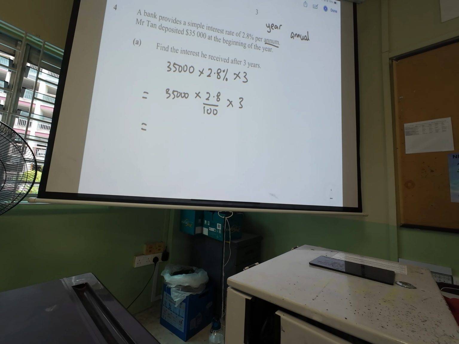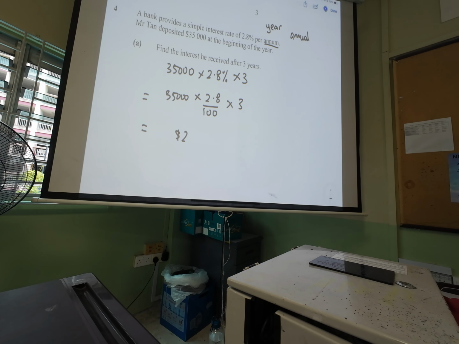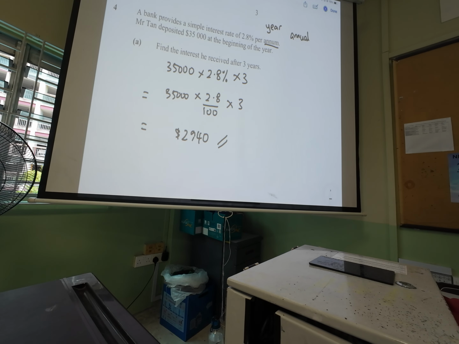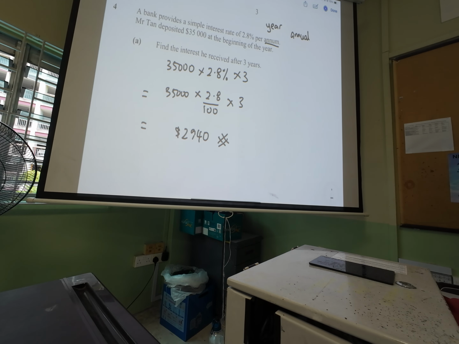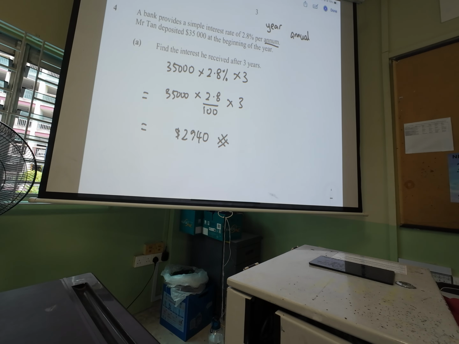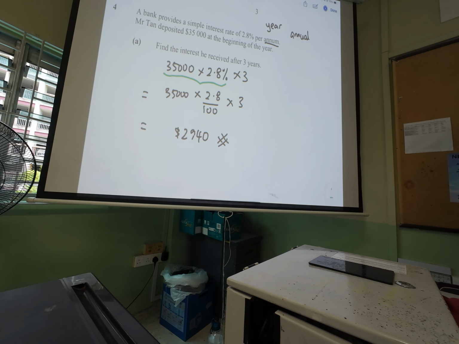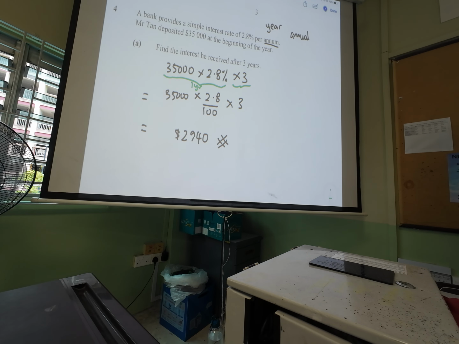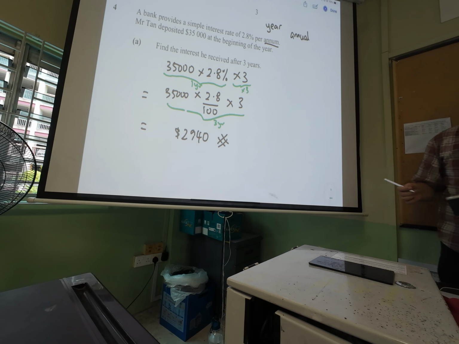Then I multiply all these things together, I will get 2940. Okay? So this part itself is interest for 1 year. Then I have 3 years, that's why I multiply by 3. Like that will become for 3 years. Just like that only.